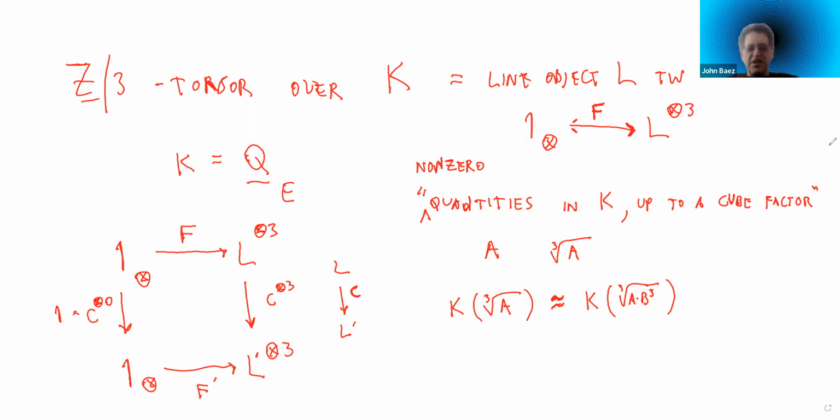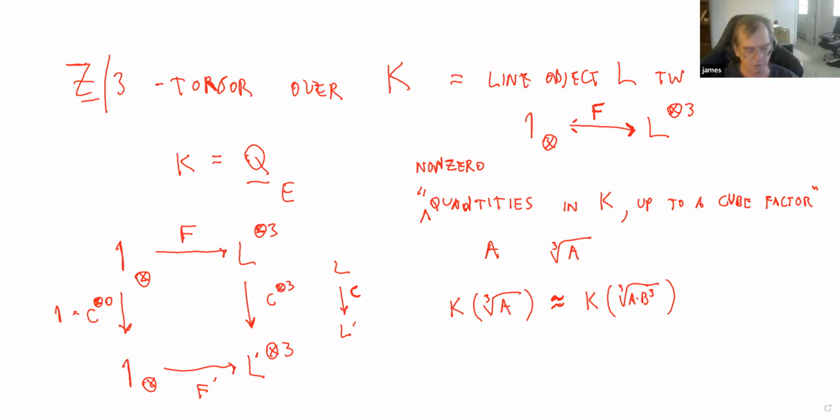I thought it was a new way to think about the problem of classifying these kinds of field extensions. It's not yet clear how it's helping, but it's clear that the old problem can be thought of in a sort of beautiful way in terms of line objects so far.